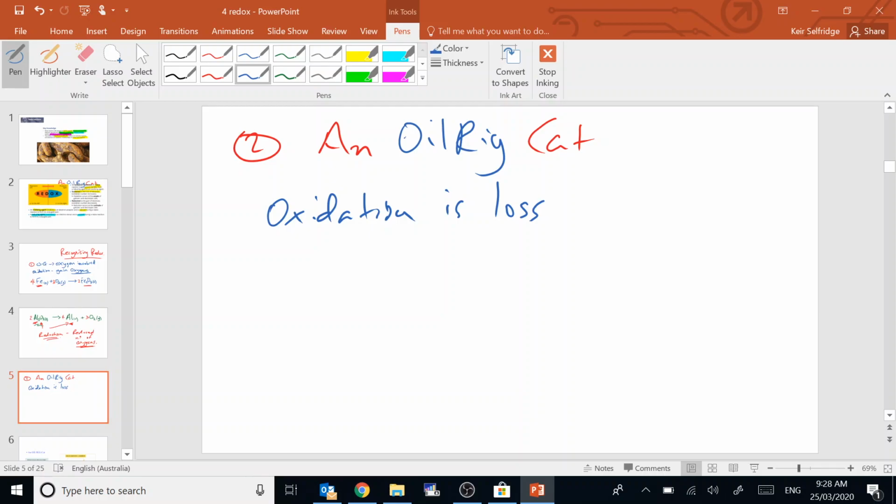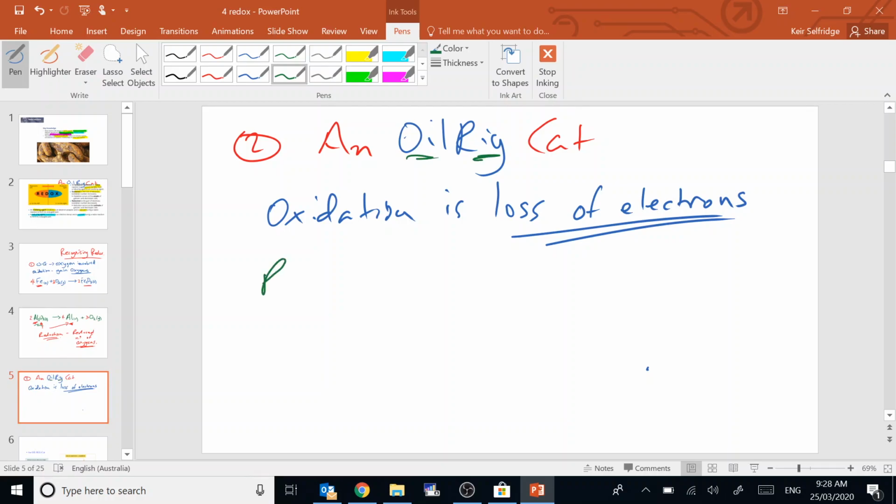That's always where we stop. And what we should always remember is it's loss of electrons, because it can get confusing. Like for the previous one, reduction was loss of oxygens. Oxidation is loss of electrons. So this bit is really vital. That gives us the oil bit.